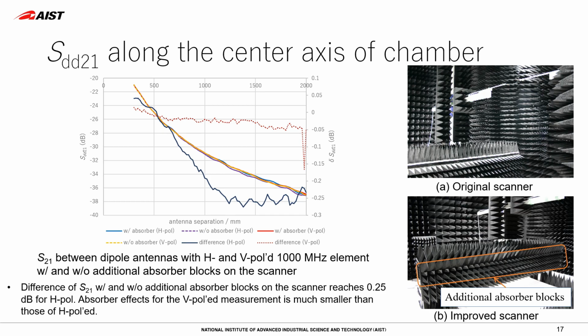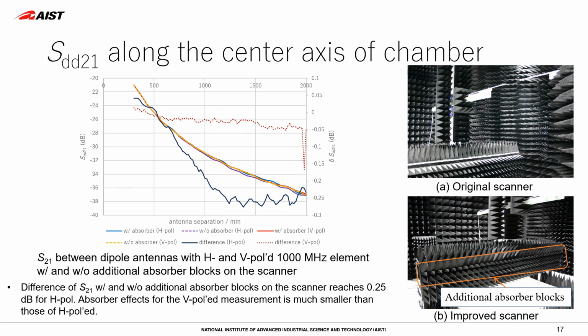The original one is shown in the right top picture. By using this scanner, we carried out the site attenuation measurements with both horizontal and vertical polarizations, and found that the deviation becomes roughly 0.3 dB when antenna separation becomes large. This was a curious thing for us.